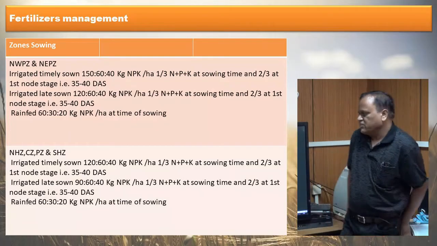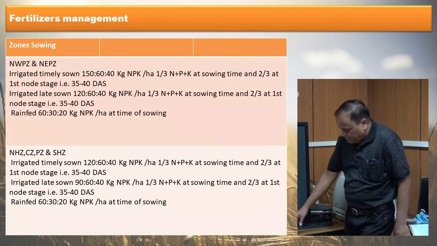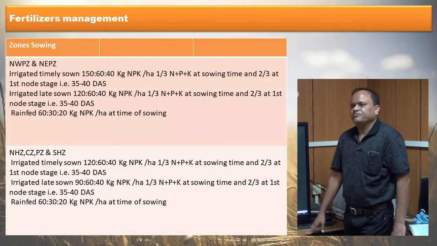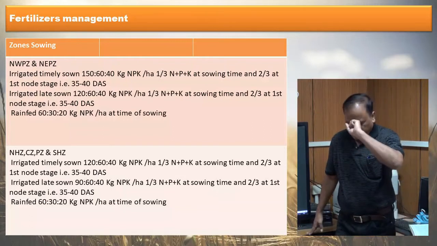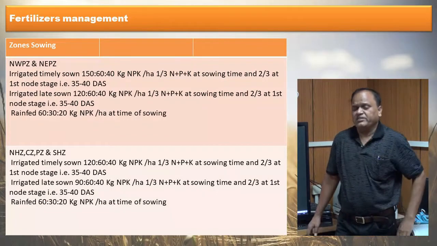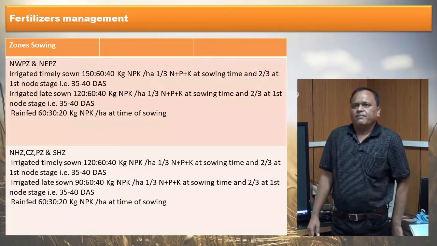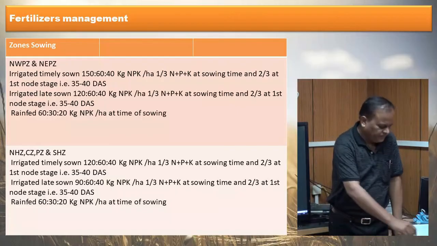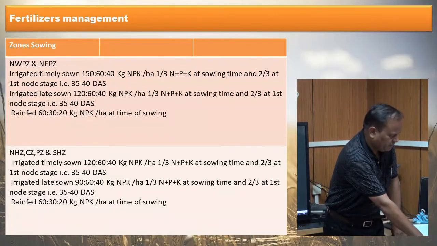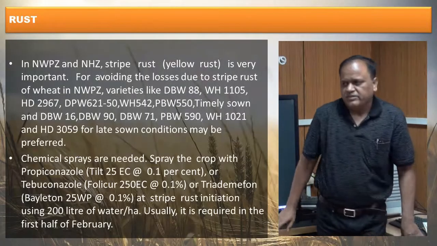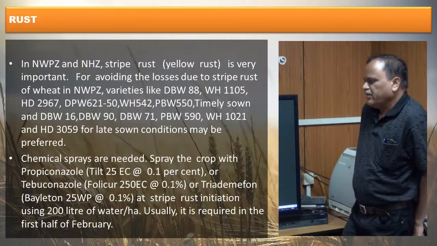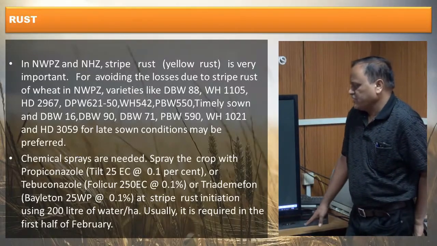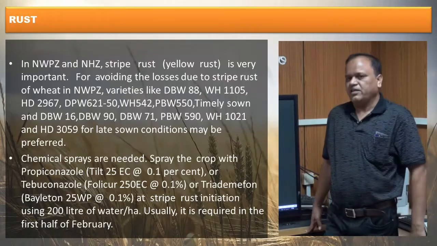Now the plant protection measures. In plant protection measures, we agronomists deal with disease management as well as insect and pest control. As you know, in different agroclimatic situations, different diseases occur.